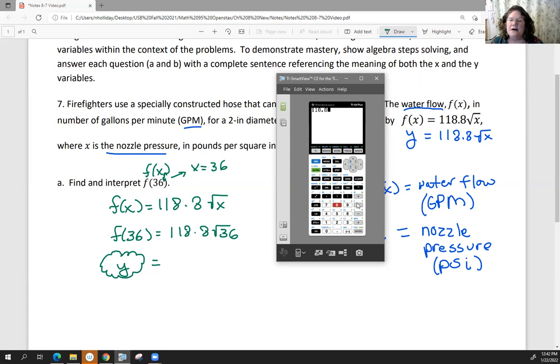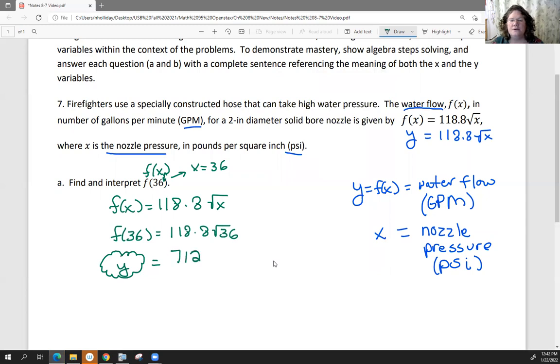And then you can use the times and go second x squared, which is your root, and then drop in your 36. Close the parentheses if you have to. If you have the old programming, it gives you parentheses in there. And then just hit enter. It's a number, okay? And it gave us 712.8. Okay, so we've gotten our Y value out. We found F of 36.